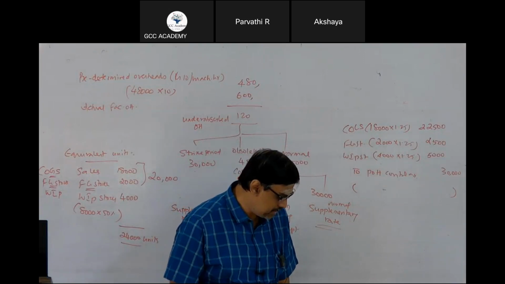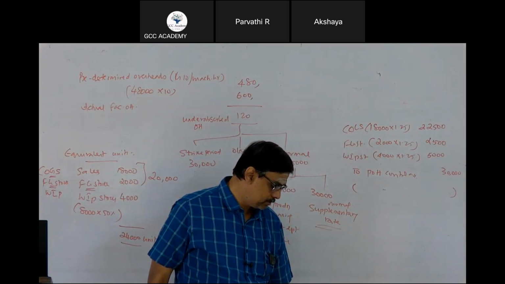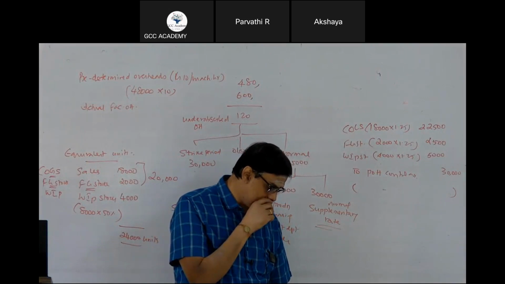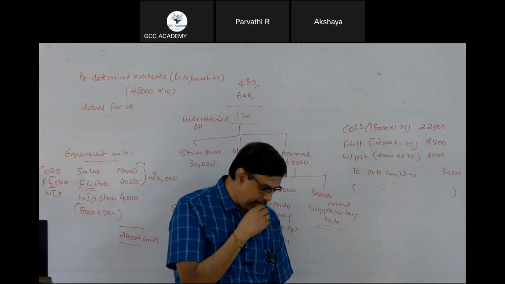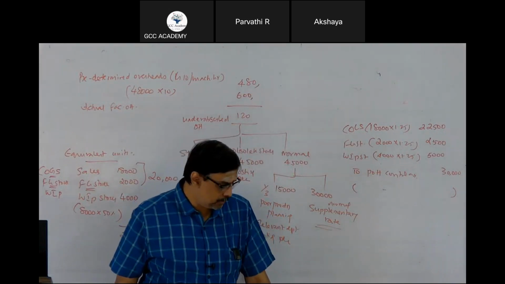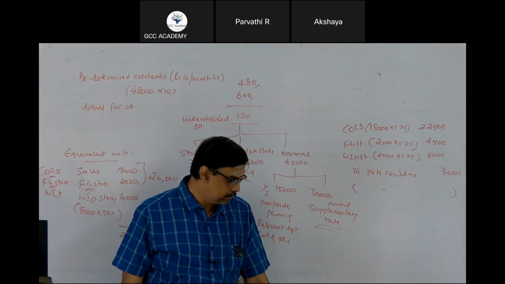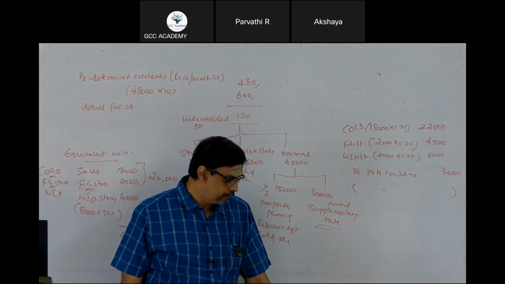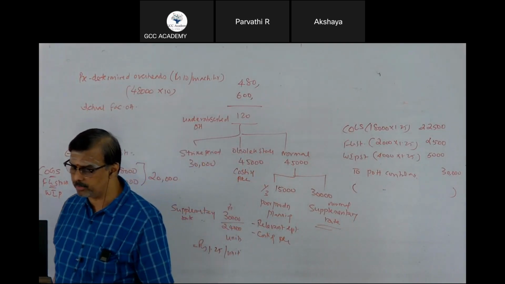On analyzing the reasons, it was found that 40% of the unabsorbed overheads were due to defective planning, and the rest were attributable to increase in overhead cost.